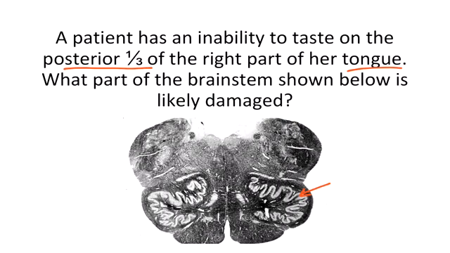Because this patient's right tongue is affected, we can deduce that the right side of the brainstem must be affected. So again, this would be right and this would be left. Because we're looking at the medulla, we should know that this region here is the fourth ventricle. So fourth ventricle.